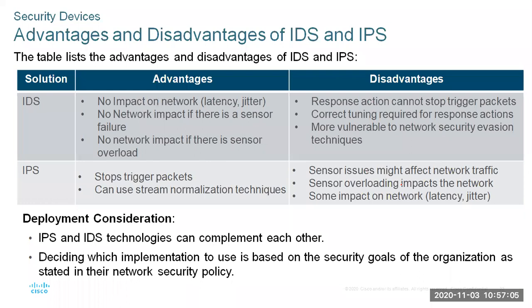How about the prevention? The prevention stops trigger packets, and it can use normalization techniques. But the disadvantage is that sensor issues might affect network traffic, and sensor overloading may impact your network.